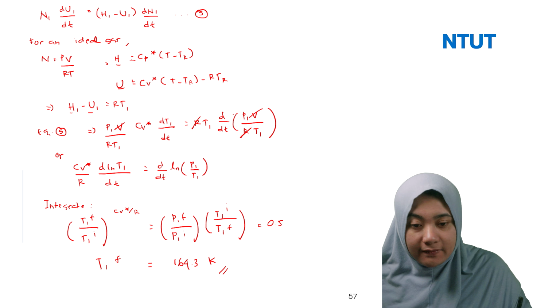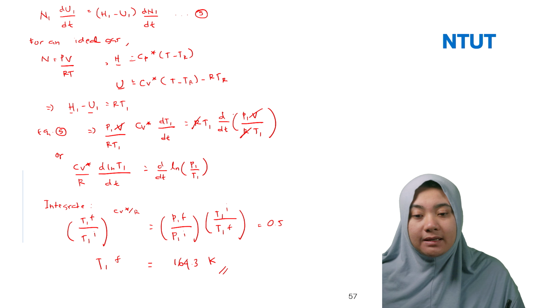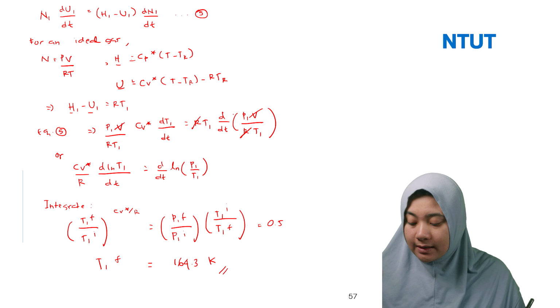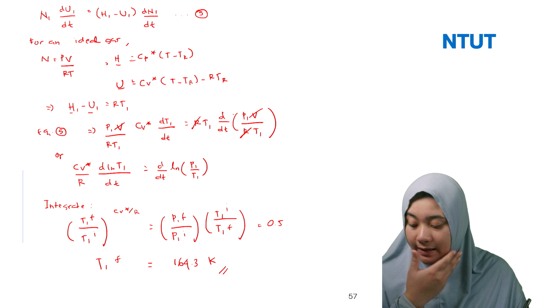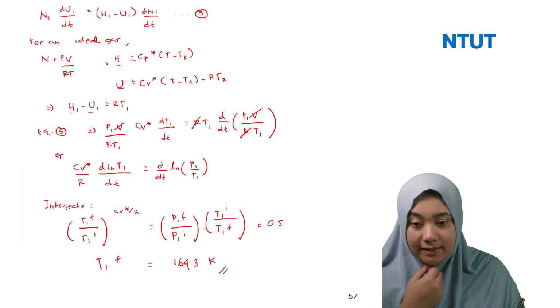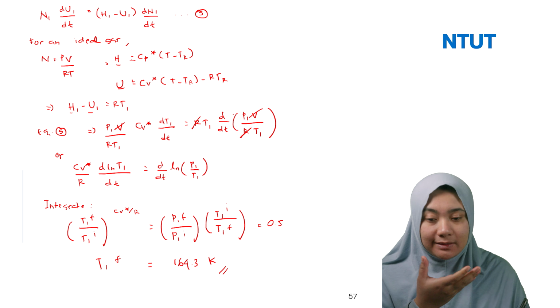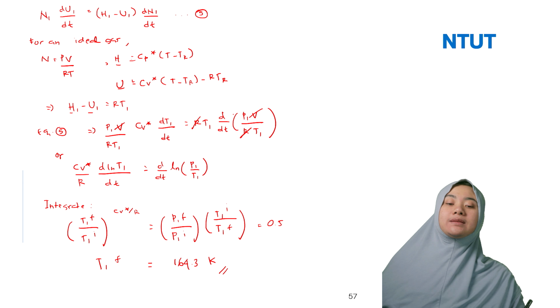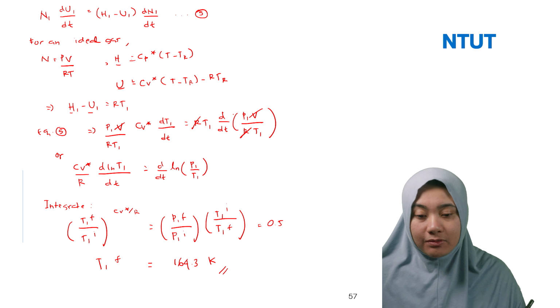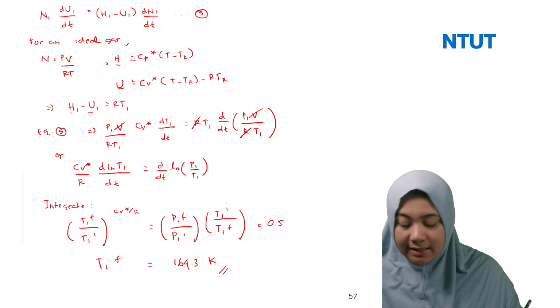So you know everything in this problem, you know the value of P1F and P1I, you have T1F, and T1I you know, and then you can just calculate, so you will get 164.3 K.